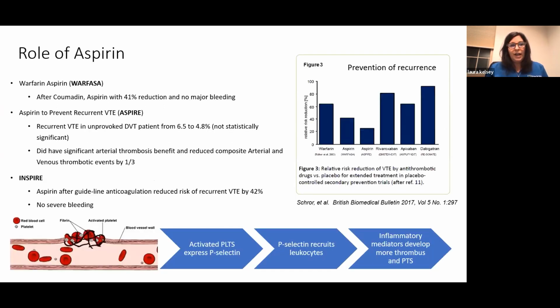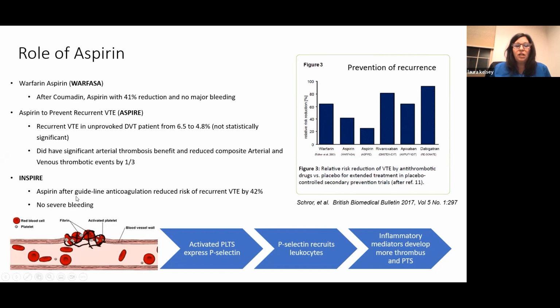The trials looking at aspirin: there was the WARFASA trial. These patients were treated with Coumadin, standard treatment, and then put on aspirin. It showed a 41% risk reduction with no major bleeding. The ASPIRE trial looked at recurrent VTE in unprovoked patients and didn't really see a big difference. And again, maybe these unprovoked patients need to be on the higher dose. Maybe that's what this is suggesting. They did show a composite improvement in arterial and venous thromboembolic events.